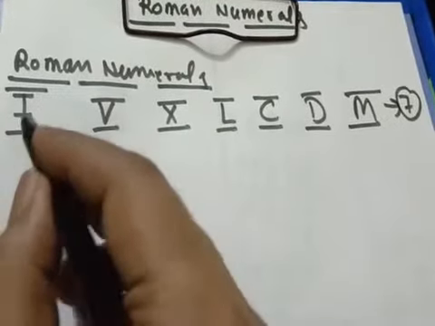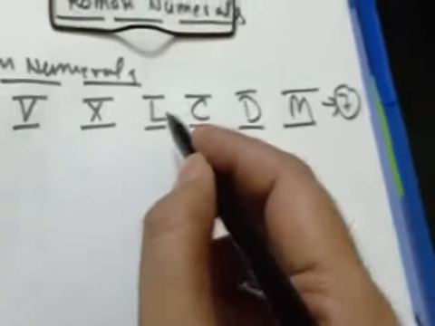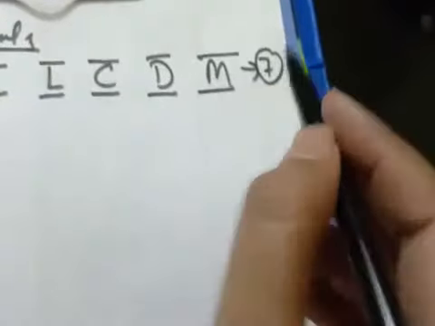This is called I, this is called V, this is called X, this is called L, this is called C, this is called D, and this is called M.